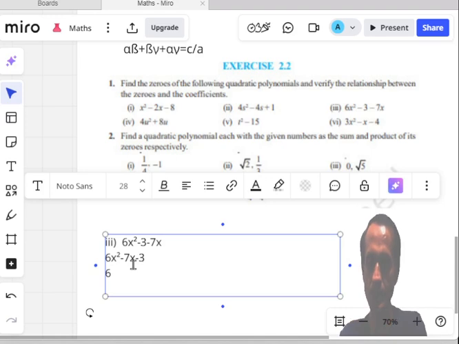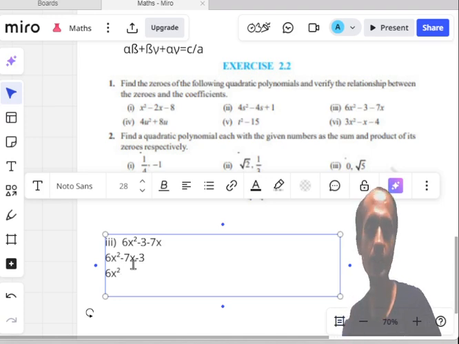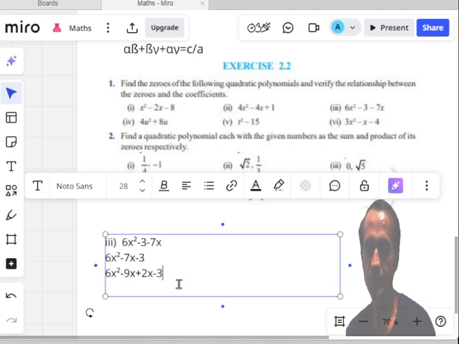Now this equation we will solve by factoring. First we will factorize this equation by splitting the middle term. So we can write 7x as 9x minus 2x.